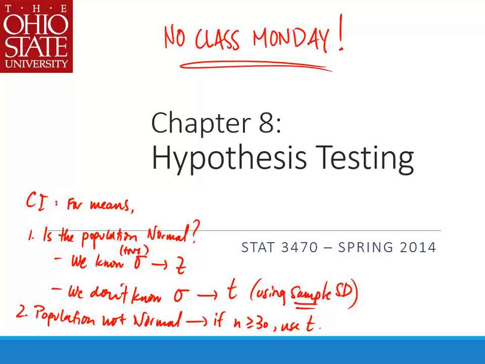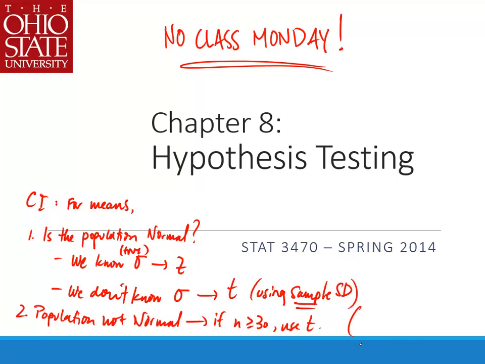If you don't know sigma, so if you're told a standard deviation about the sample, involving the data that you collected, that's your sample standard deviation, and you want to use the t distribution. If you're not told anything about the population, so if you're not told that it's normal and you don't have the data to look at, then you just want to make sure that your sample size is big enough.